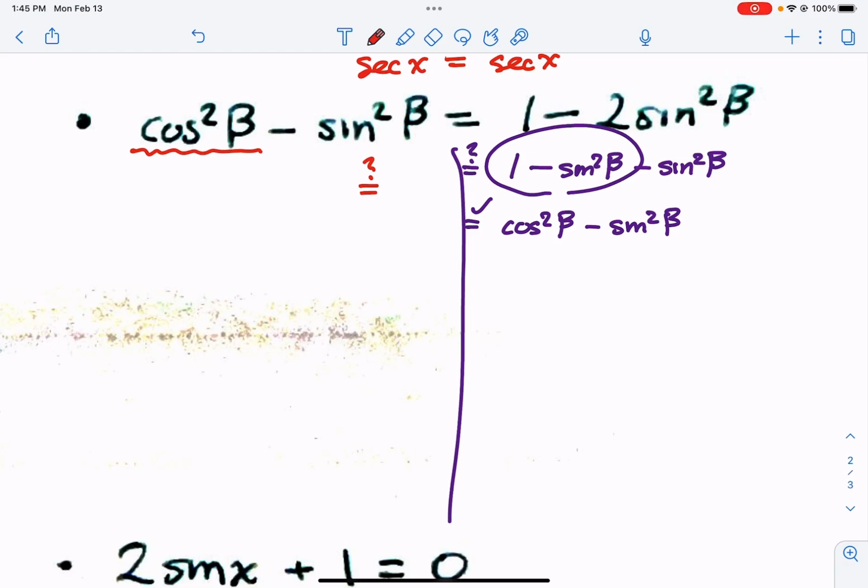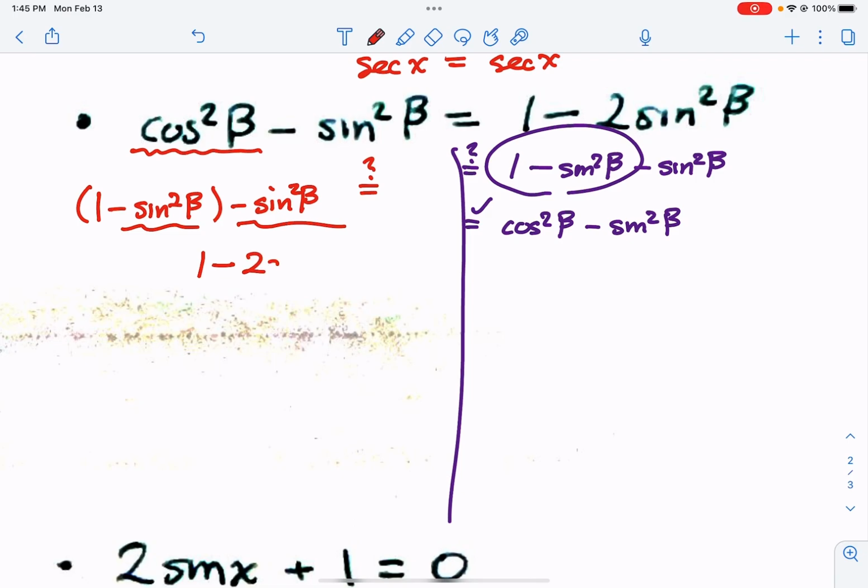If I replace that with 1 minus sine squared beta, I'm just working with the left side here. Well, look at what we get. Those 2 sines combine together, and we end up with 1 minus 2 sine squared beta. Bingo.